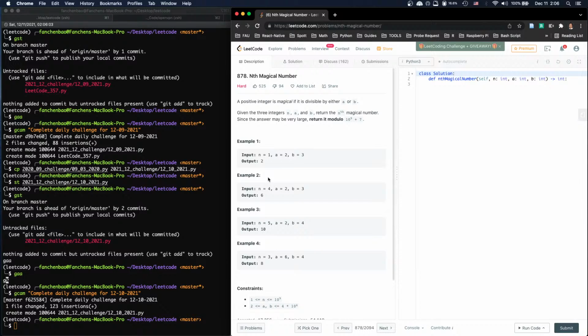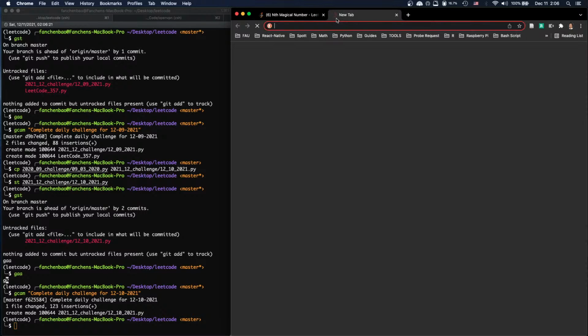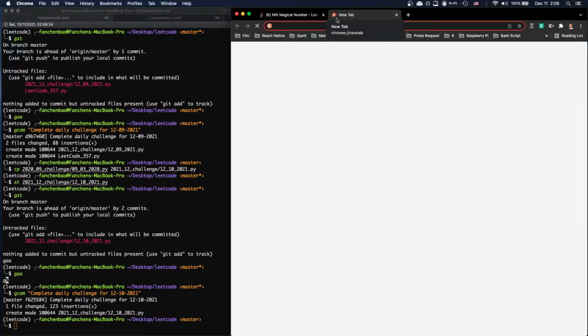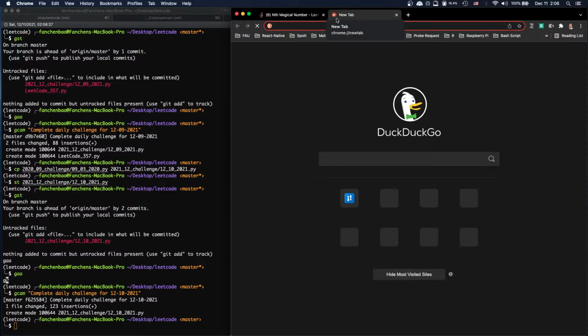So anything that's a multiple of 12 can be divided by both 6 and 4. So can we find that? Something that is divisible by both A and B. We find the smallest one that can be divided by both, and all the other ones must be a multiple of this.